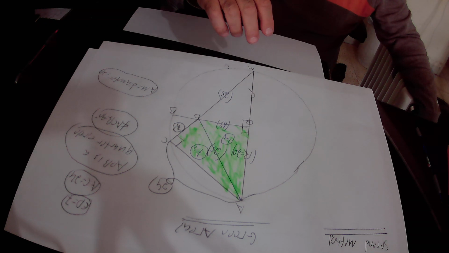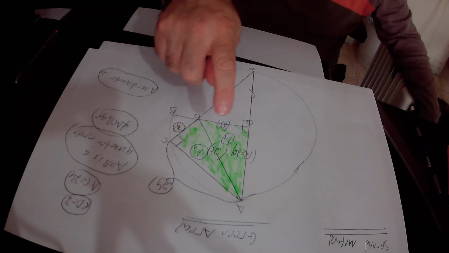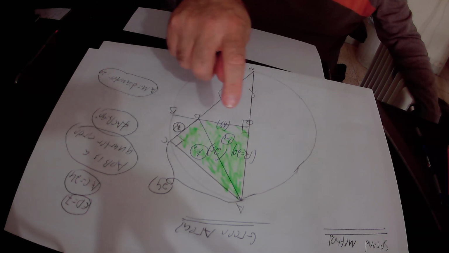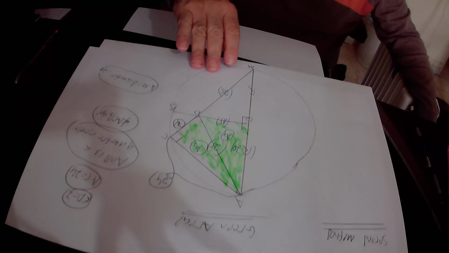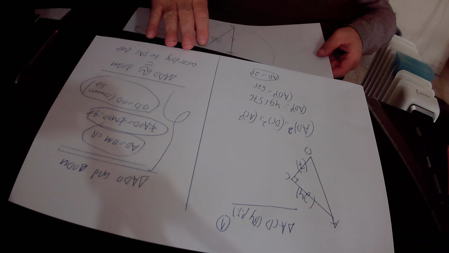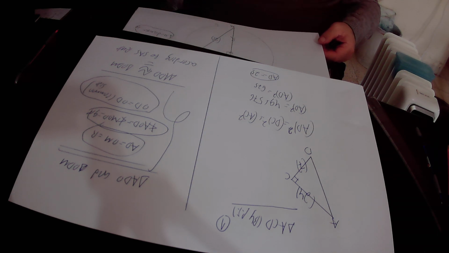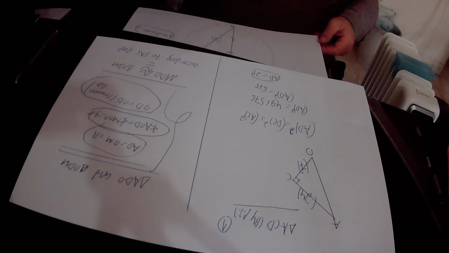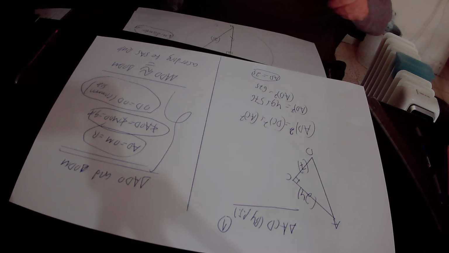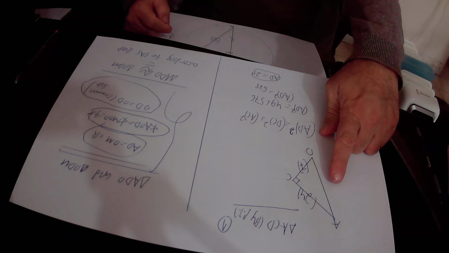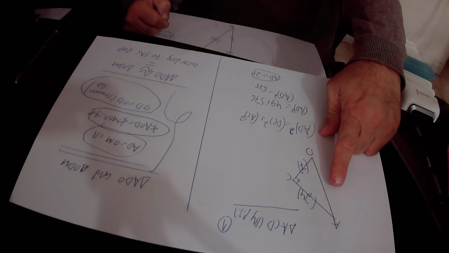So I copied the right triangle ACM onto a new page and we implemented the Pythagoras theorem in this right triangle ACM. This is the right triangle, but here we have the right triangle ACD.